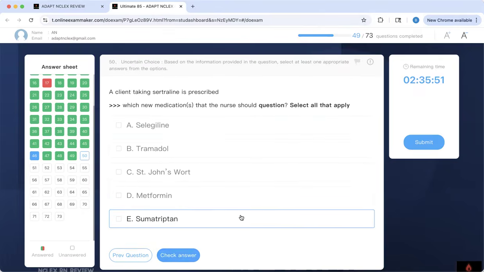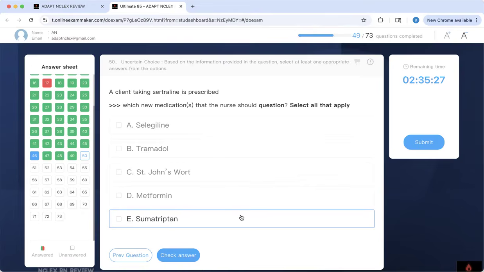The client on sertraline is prescribed which new medication? I'm taking sertraline. If you're taking one of these, you should do what? Question 50. Sertraline is an SSRI. That means you should not take any other SSRI. Do you see any SSRI there? Like you said, stop the video, pick your answer.